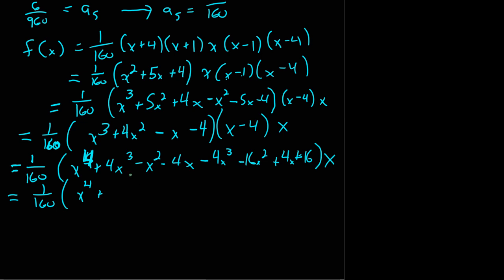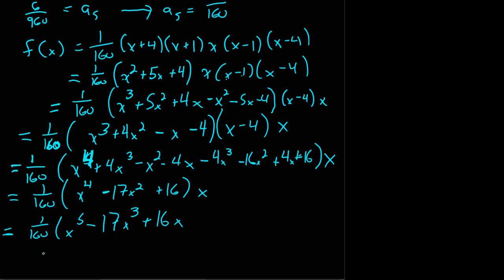And then I have a negative x squared and a minus 16x, so I get a negative 17x squared. And I have a negative 4x and a positive 4x. They cancel each other out. And plus 16. I'm going to multiply the x through. I get x to the 5th minus 17x cubed plus 16x. And then they'll each get this coefficient.